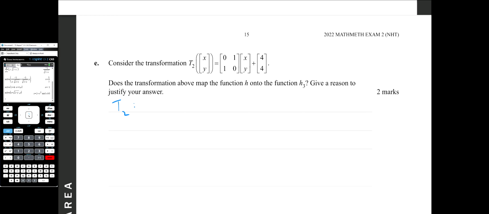The matrix 0, 1, 1, 0 is a reflection in the line y equals x. That's first and foremost what that does.